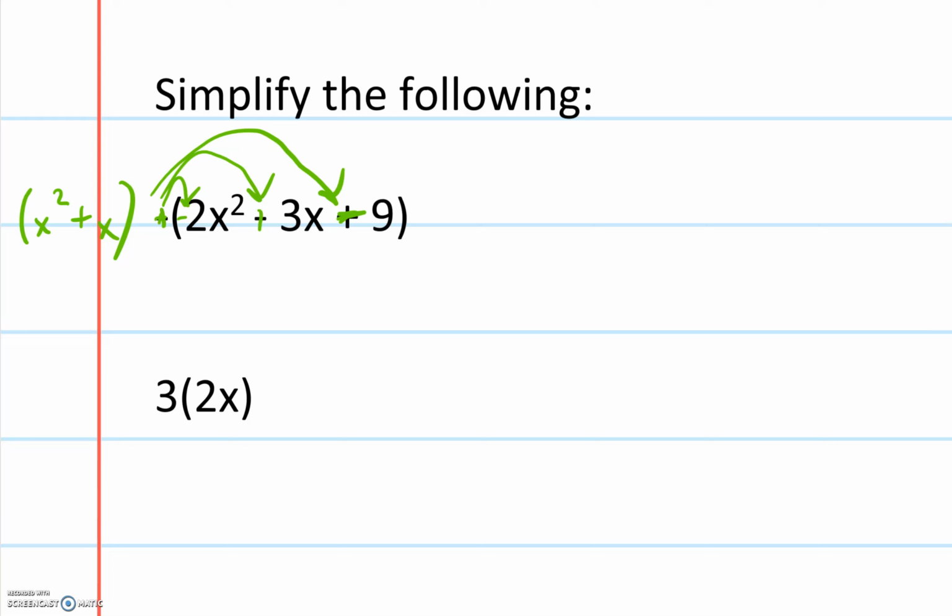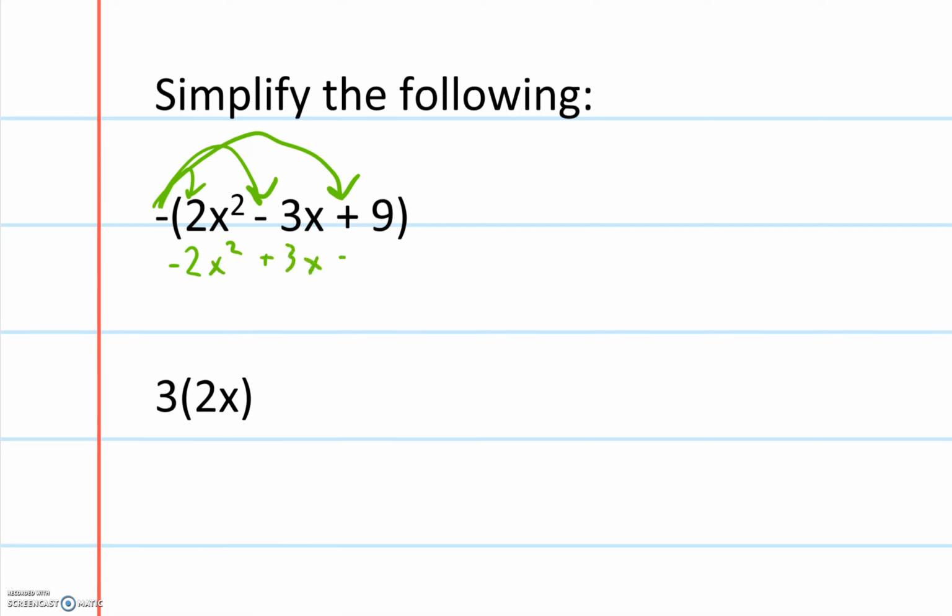So let me show you how to do that. If I multiply this in, 1, 2, 3, we're going to end up getting negative 2x squared, positive 3x, minus 9. We've been working with that, and hopefully over the last couple of classes you've gotten this idea.